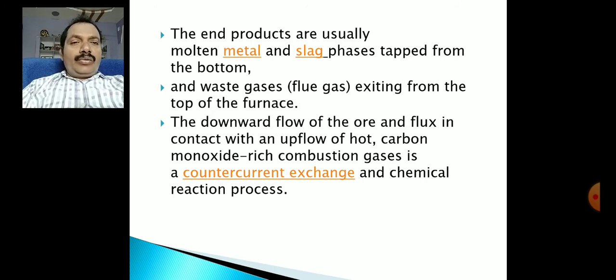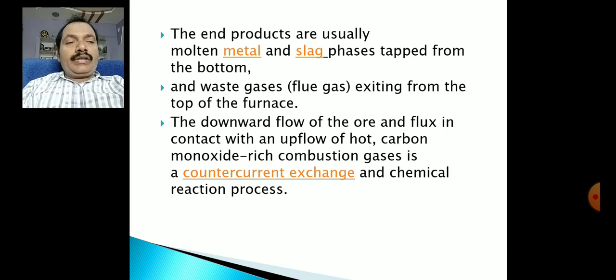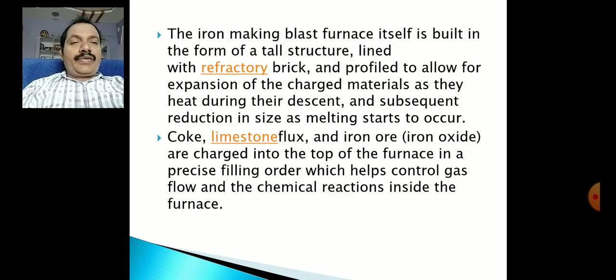So this is the counter current exchange, that is downward flow of materials, upward flow of gases. So this counter current exchange gives rise to the chemical reactions that take place in the blast furnace.